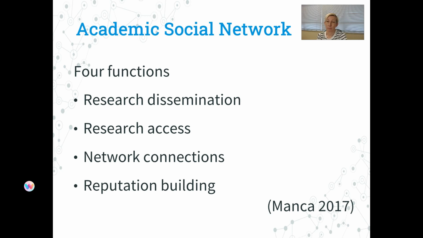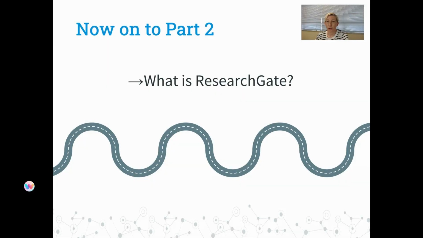So being able to share the research and building our credibility with funders and with other researchers is another important function of the ASN. ResearchGate is one of the ASNs that is available to researchers all around the world, and we will talk about what ResearchGate is in the next video, so I hope to see you there.